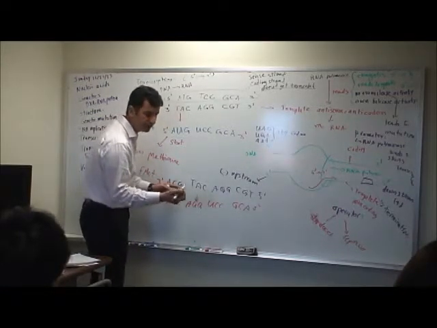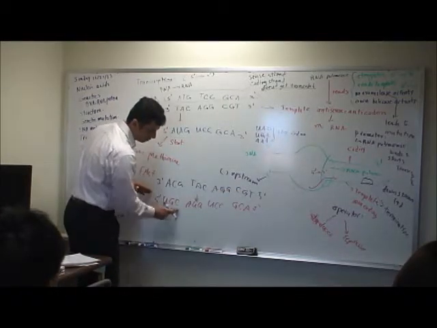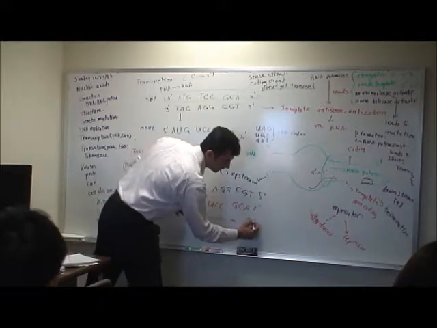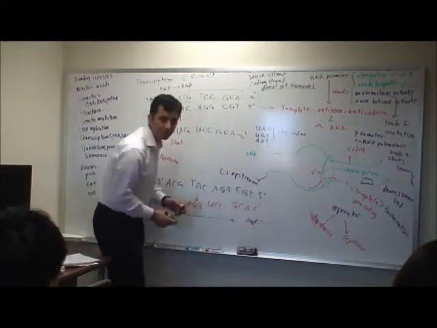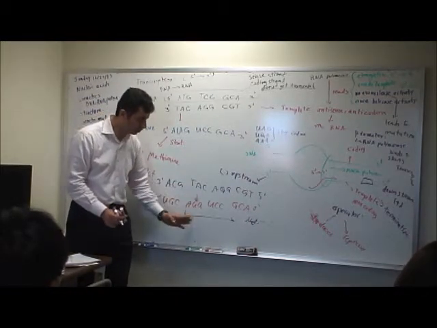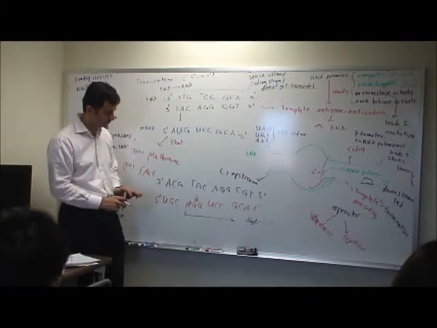So the sequence of amino acids you make from this strand of DNA, once you transcribe it to RNA, starts from here onward. The first one is methionine, followed by the other ones. Be careful with this one. Find the start codon, and from there onward start making your peptide or polypeptide.